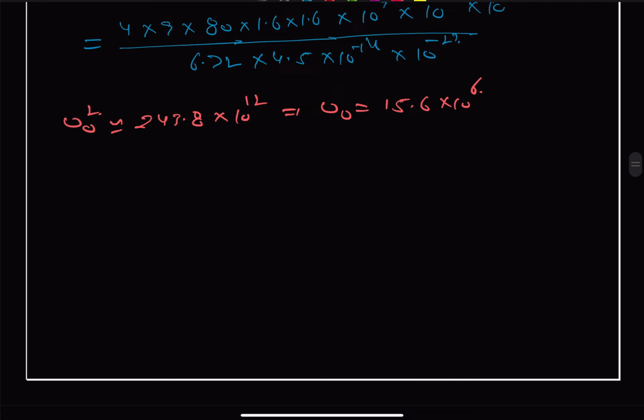Okay, so we can write this as V naught is equal to 156 into 10 raised to the power 5 meter per second.